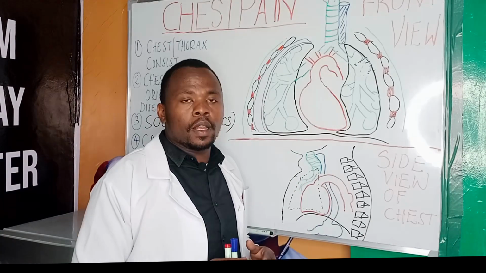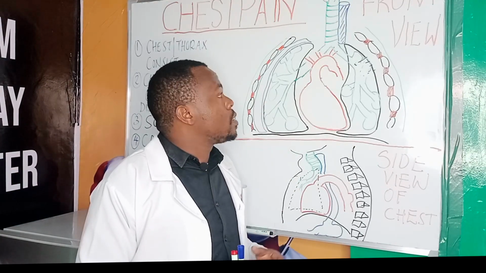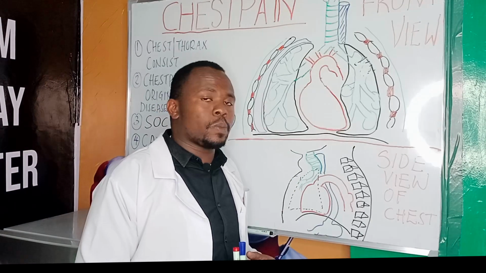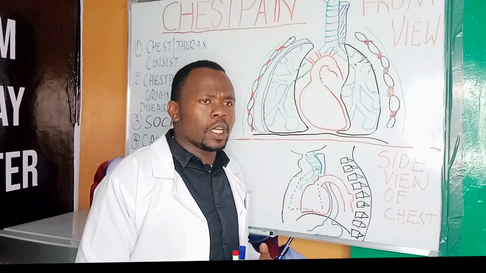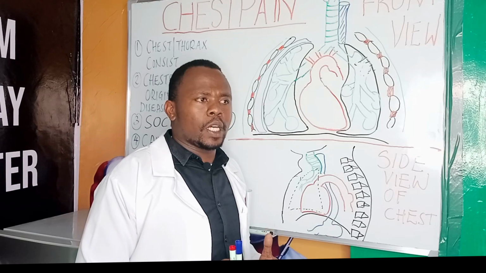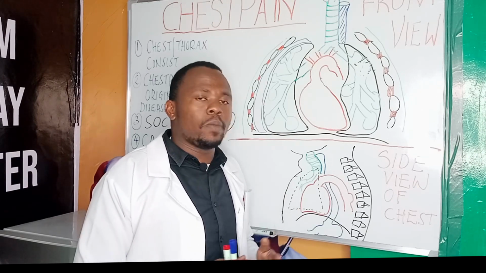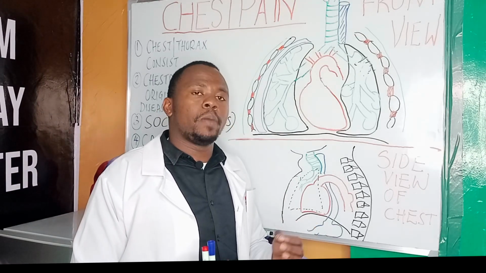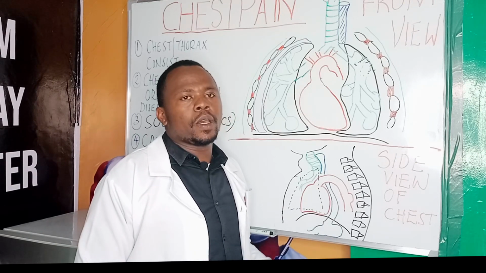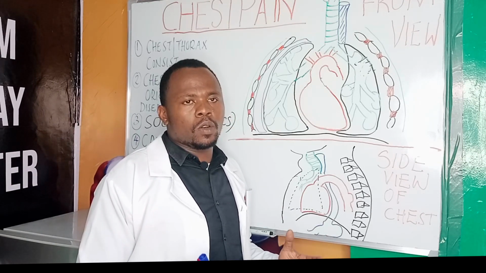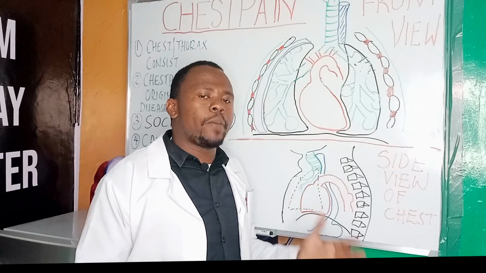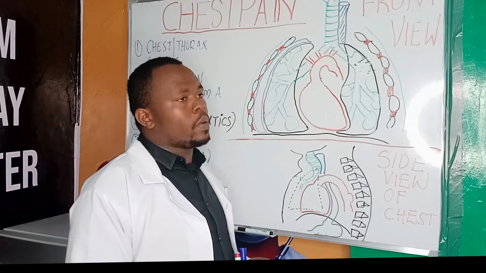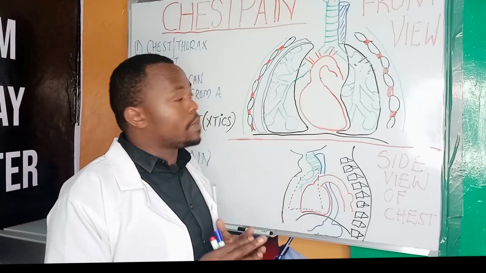Then we have another one, swallowing problems. Swallowing problems may occur, especially for those people who have severe vomiting in pregnancy. When you vomit many times or you strain to vomit, this straining may tear the food pipe, resulting in what we call Mallory-Weiss syndrome. This tear will make you feel a lot of pain, or a chest pain.